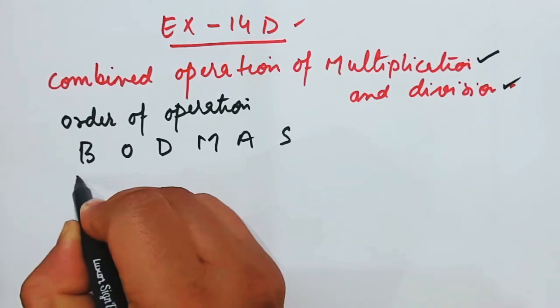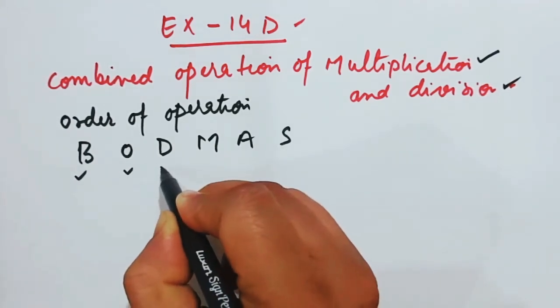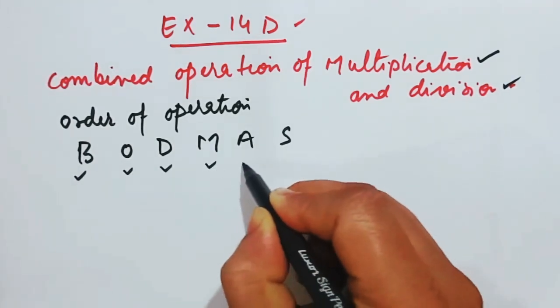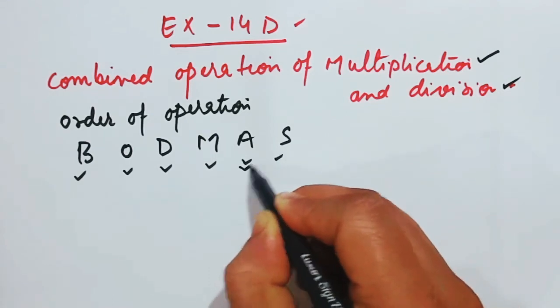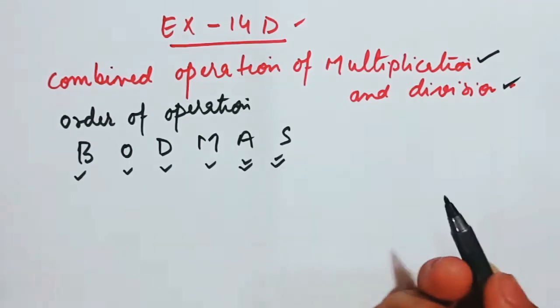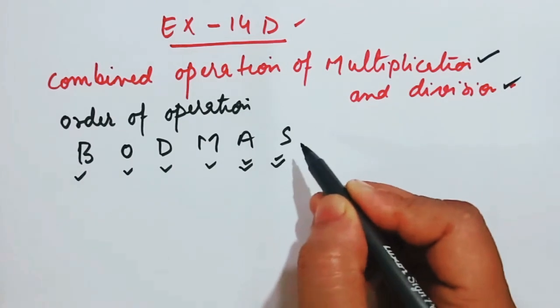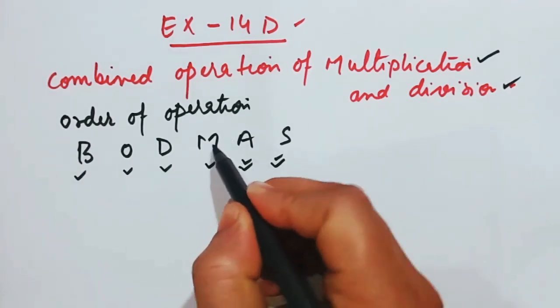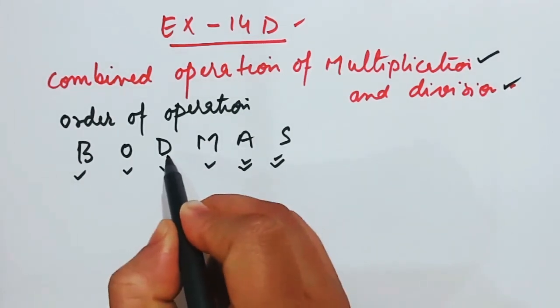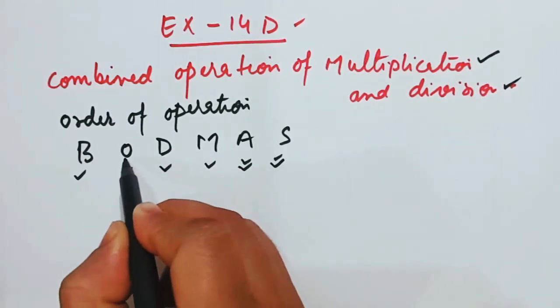This means bracket, of, division, multiplication, and addition and subtraction. You can solve either addition or subtraction first, but multiplication should be solved only after division, and division should be solved only after of.